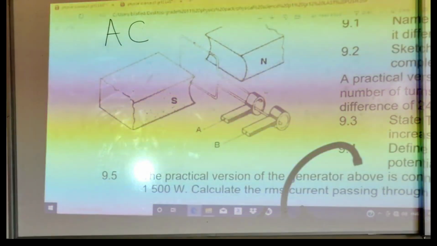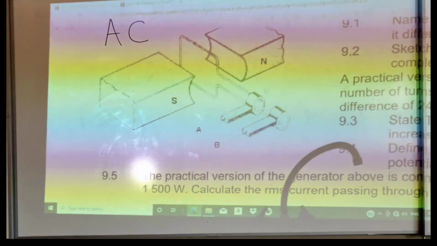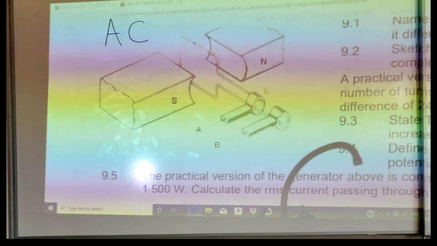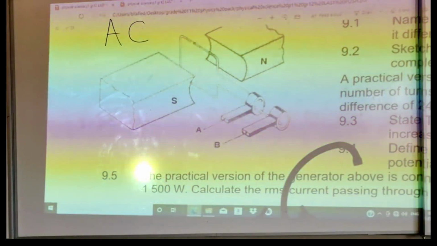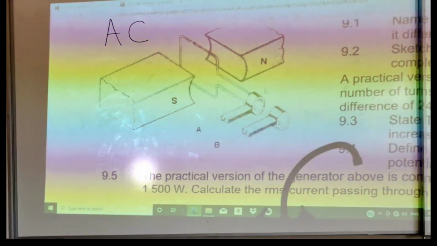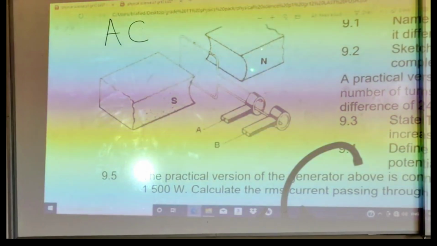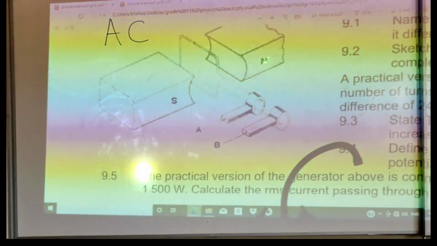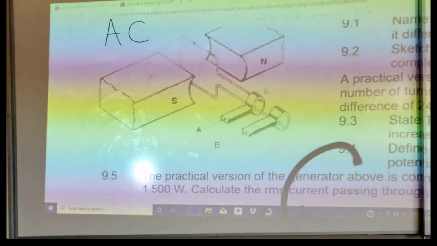Two magnets: the one which has got the North Pole and the other one has got the South Pole. You can see these two magnets. This is the North Pole and this is the South Pole.